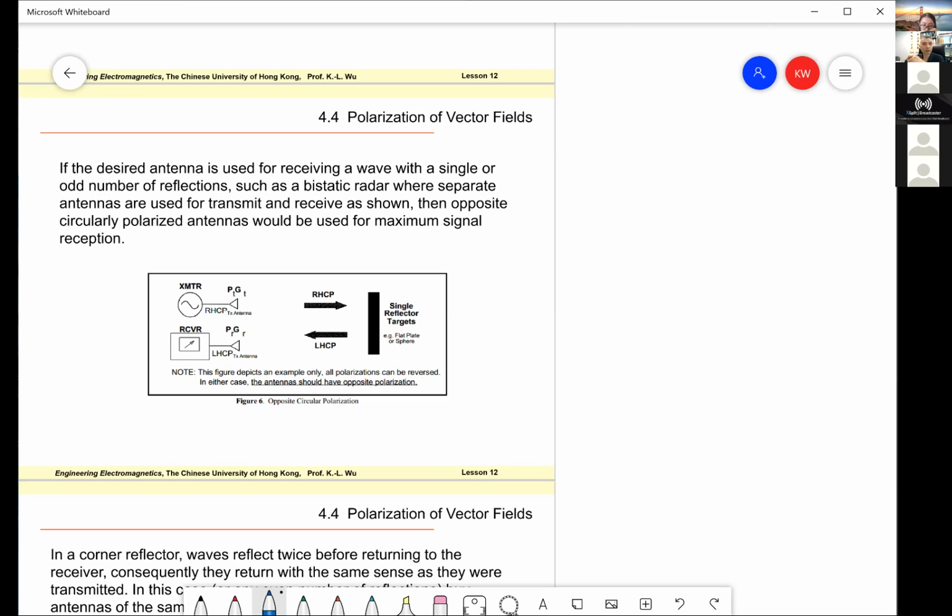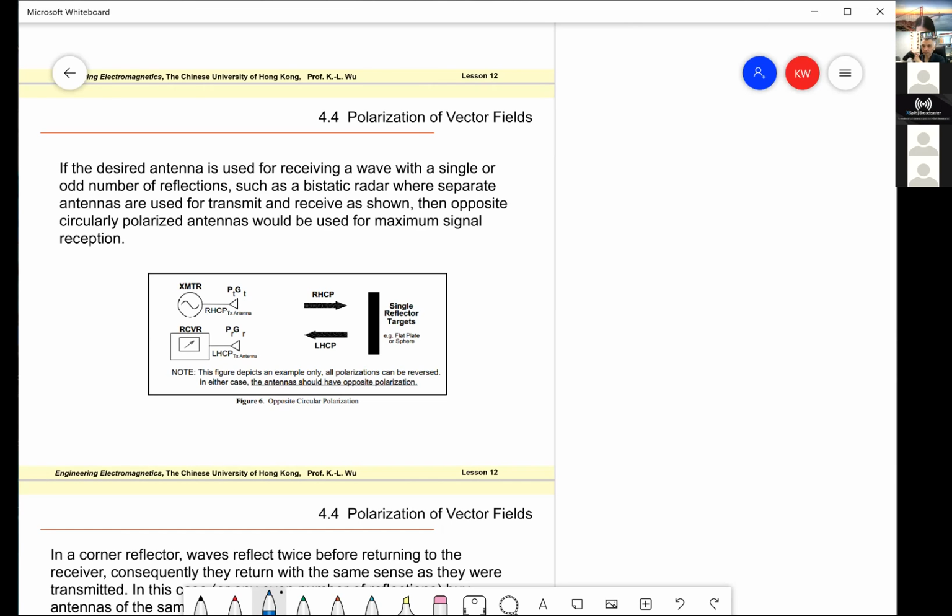For example, using radar to detect how far the heavy rain is: rain is water with high conductivity, so we can treat it like a metal, and the reflected wave will be oppositely circularly polarized. Using the reflected wave signal, we know how heavy the rain is, and using the time delay, we know how far away the rain is from the radar.